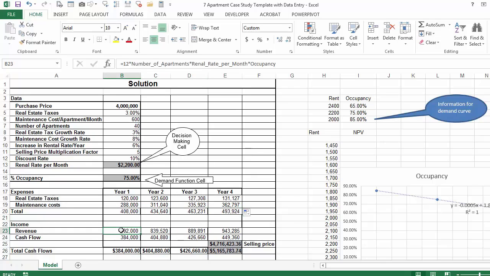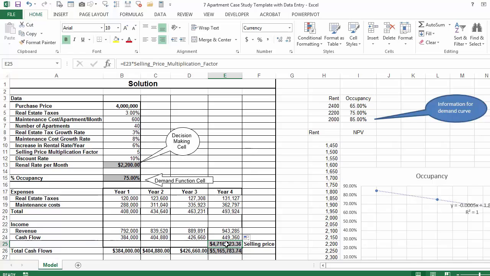Then we have our revenue. The revenue is going to be the rent times the occupancy times 40. And then it increases by 6% every year, and we can drag it all the way to the right. So my cash flow for year 1 is the total revenue minus the expenses, which makes it $380,400, and then we can do it for the other years.